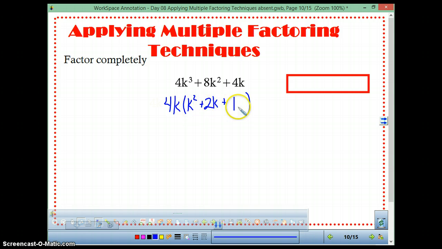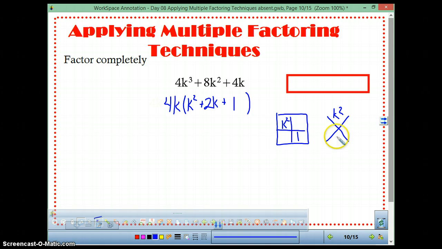Now I see if I can factor what's left inside here. So let me go over to the side. All right, so we've got the trinomial. We're going to factor it. We start with an area model. Put in k squared. I put in 1. Now I need to split the 2k. I need my x. I put in a times c, which is k squared.